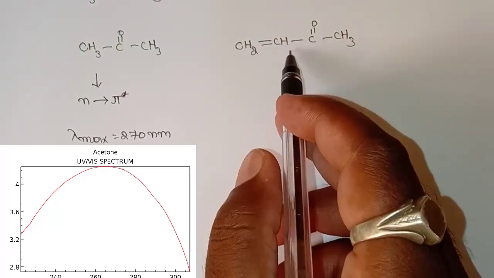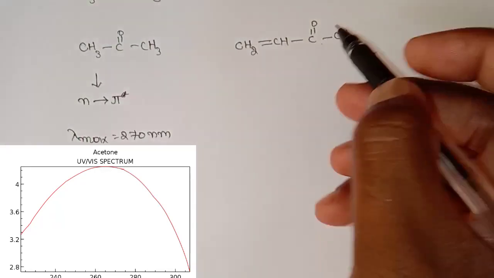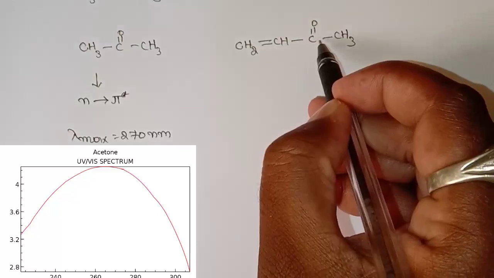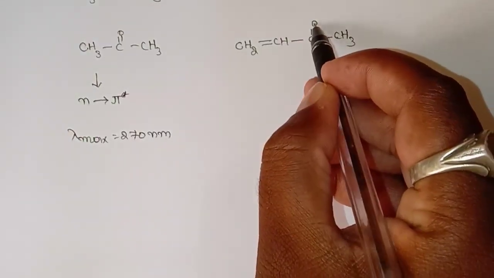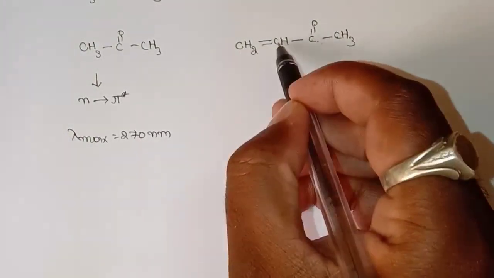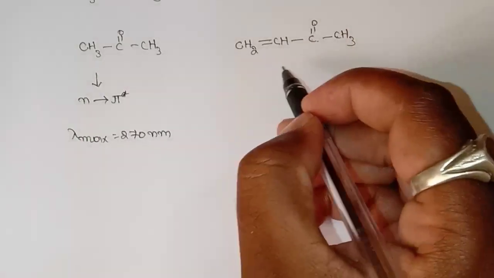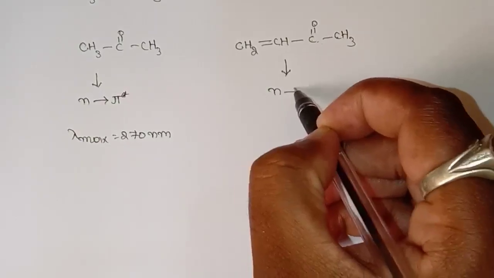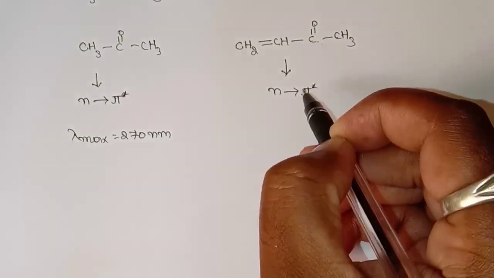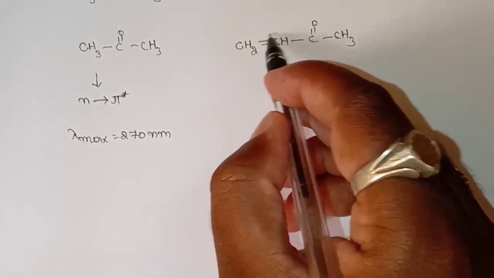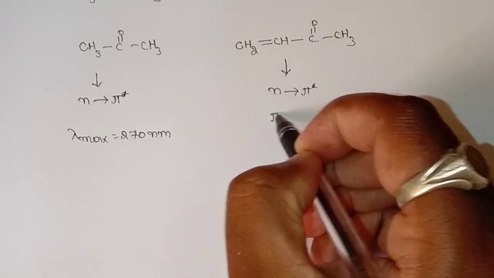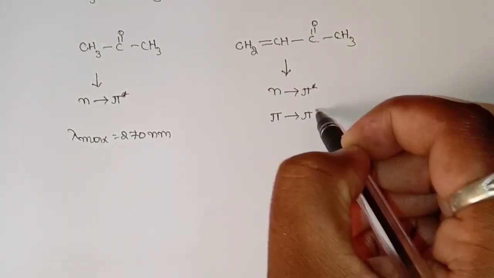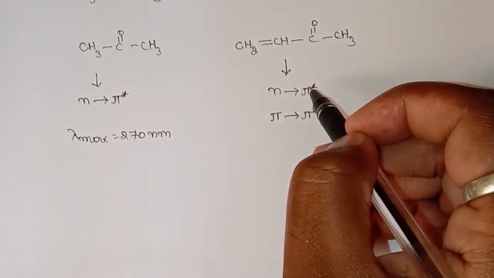But in the case of methyl vinyl ketone, we have a carbon-carbon single bond, a carbon-oxygen double bond, as well as a carbon-carbon double bond. So along with the n to pi star transition, because of the presence of pi electron density, there will be a pi to pi star transition also.